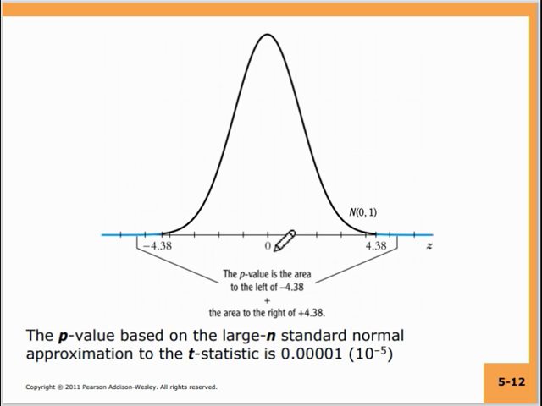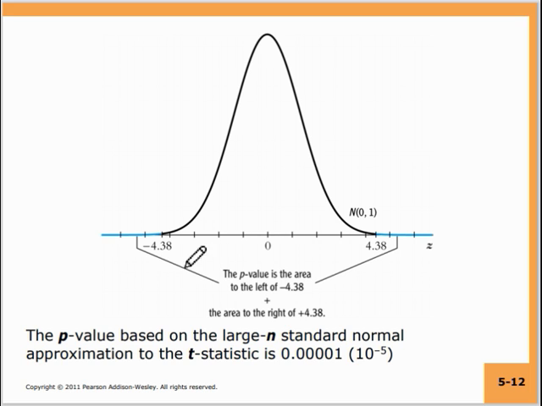If your null hypothesis were true, how likely is it that you would have got a value which is even more extreme than minus 4.38? So that is the area of the curve which is beyond minus 4.38 on this side and beyond 4.38 on this side, because it is a two-sided hypothesis, and the p-value, the probability, is very, very, very small, that is 10 to the power of minus 5.